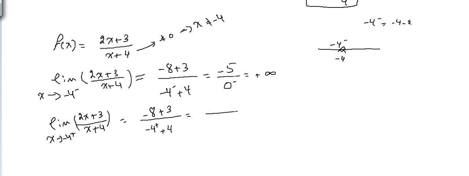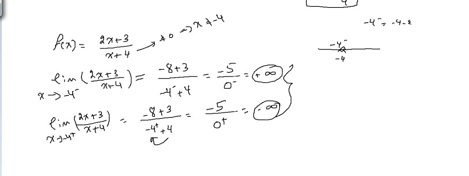That gives me minus infinity. In case we have positive infinity or minus infinity, we have a vertical asymptote, and we are going to see that later. But this is considered an essential discontinuity.